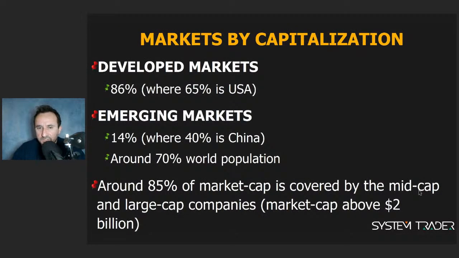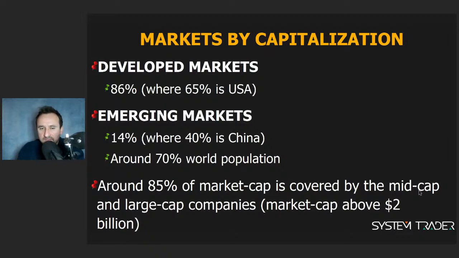Markets by capitalization. Again, I'd like to explain to you how the global markets are divided, and we can see the two biggest chunks of the markets: the so-called developed markets, meaning the countries with developed industries, where 86% of the capitalization, the value of the companies, comes from, whereas the other, much smaller chunk of the markets globally comes from so-called emerging markets.